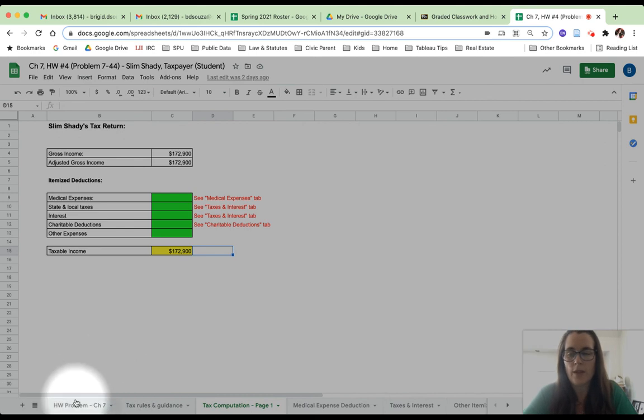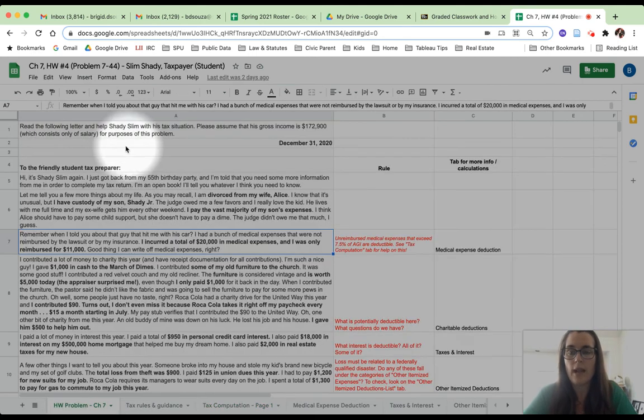First of all, I've provided a spreadsheet for you to use. It is not mandatory that you hand the spreadsheet in. It's simply a resource for you to complete the problem. I took the email and broke it up into chunks, and separated each fact into its own row on the worksheet.